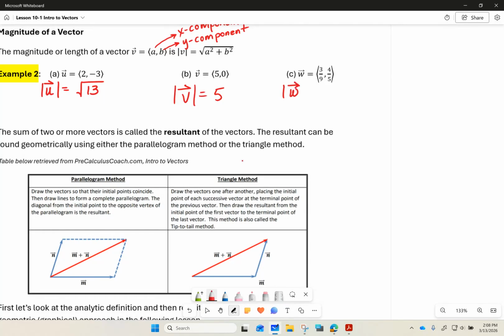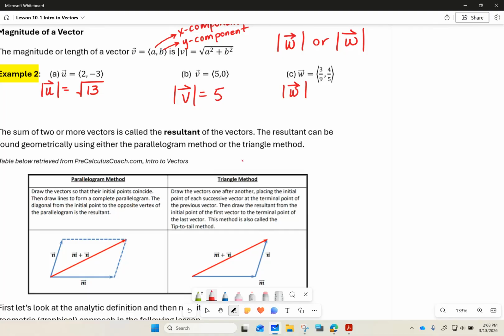So the magnitude of vector W, and by the way, if you've noticed, I've been drawing vectors either by drawing an arrow completed like that, or I can draw it like this, half an arrow. Those are both accepted ways of writing vectors, okay?